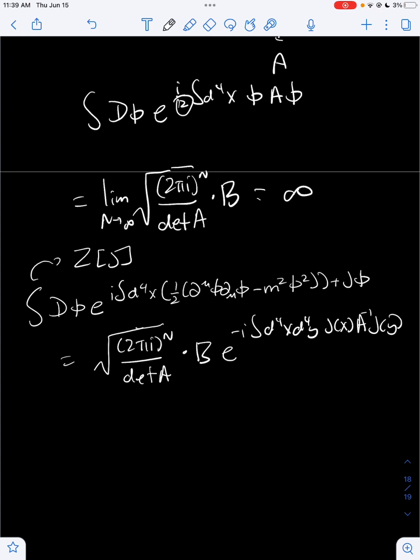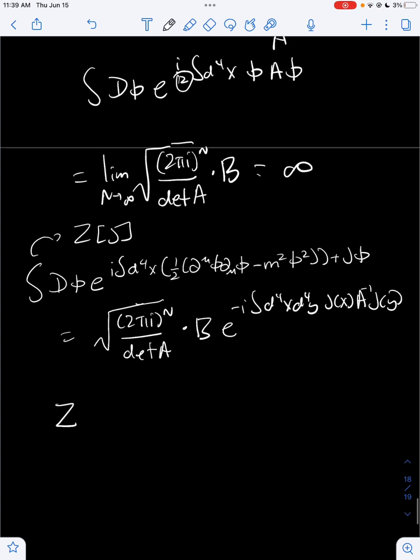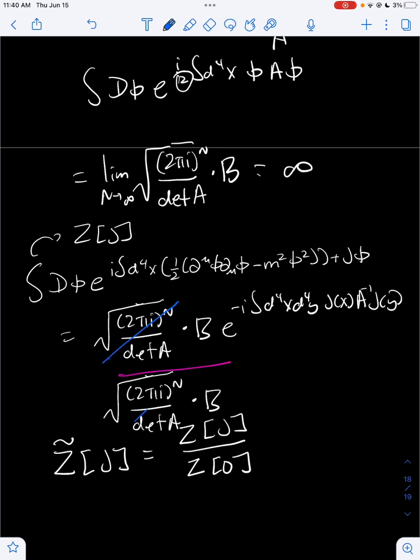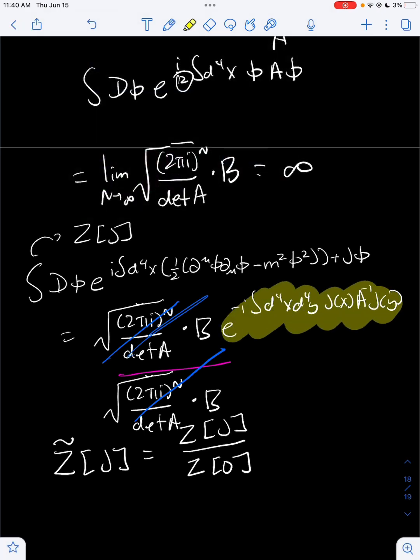So what we could do is define what's called the normalized generating functional, which is just the normal generating functional Z[j], but divided by the generating functional without any sources, which means for when j is 0. So if you divide this over here by this problematic term over here, these would all cancel out, leaving us with just this part right over here that does not diverge.